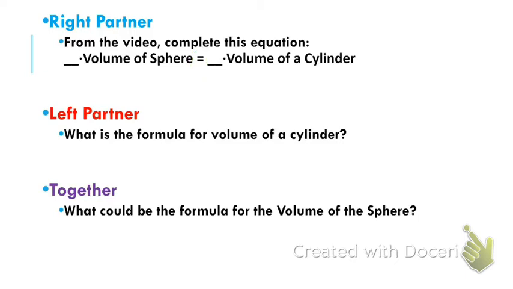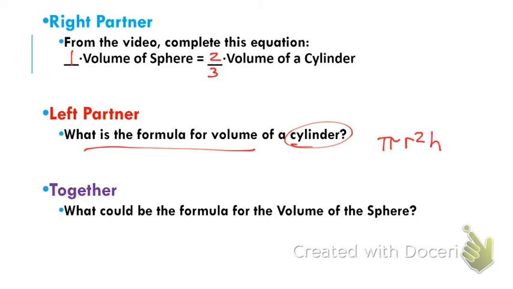Okay, so you should have identified that one full sphere filled with water filled in 2/3 of a cylinder, right? So then the next part says, what is the formula for the volume of a cylinder? The volume of a cylinder, as you recall, is pi r squared times height.